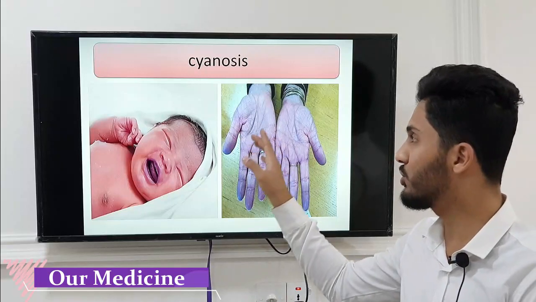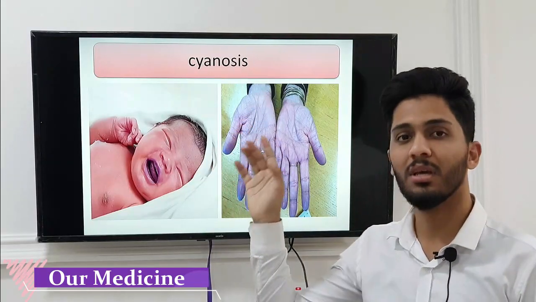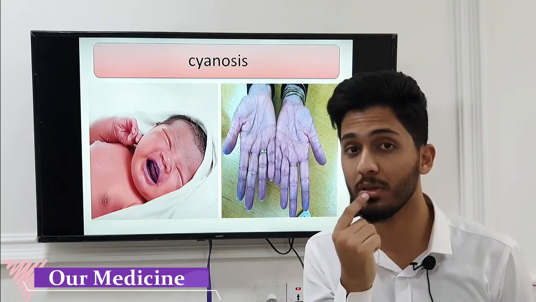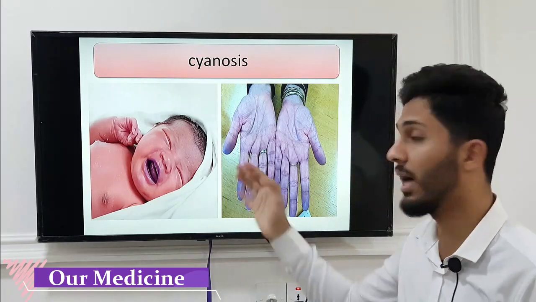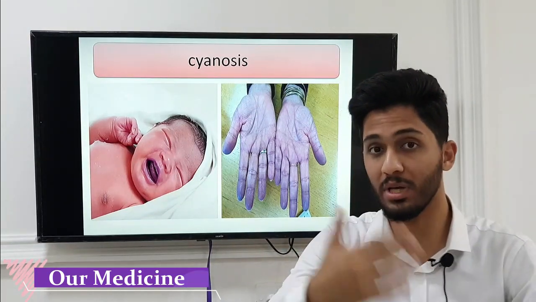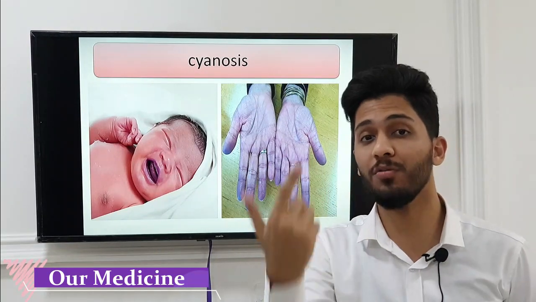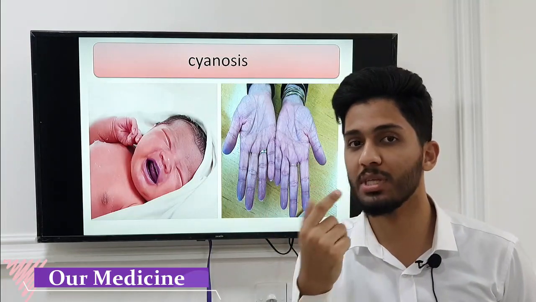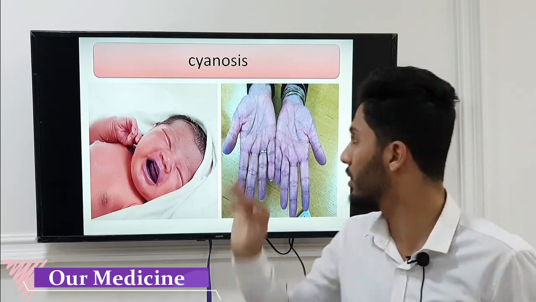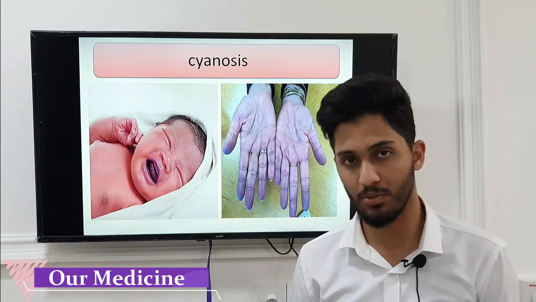How can you examine cyanosis? Just inspection of the mouth, especially the lips, the tongue, and the hands and feet. During examination, when you examine other signs, if you find bluish discoloration in the lips, or tongue, or hand, or feet, so you can say the patient has cyanosis.